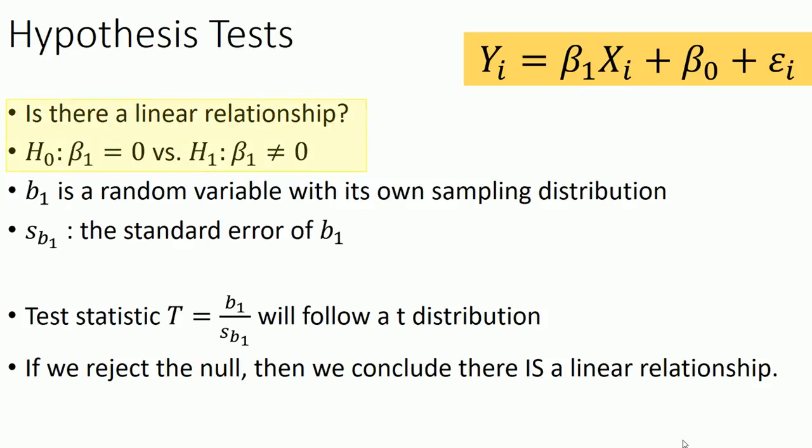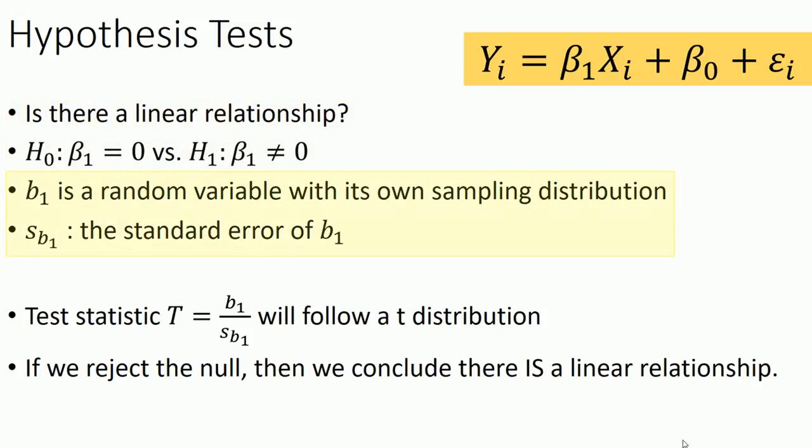The value that is most interesting is 0, because if the slope is equal to 0, that means the value of x has no effect on the value of y. In other words, there's no linear relationship between x and y. So we set up the null hypothesis, the slope equals 0, beta 1 equals 0, versus the alternative that the slope does not equal 0.